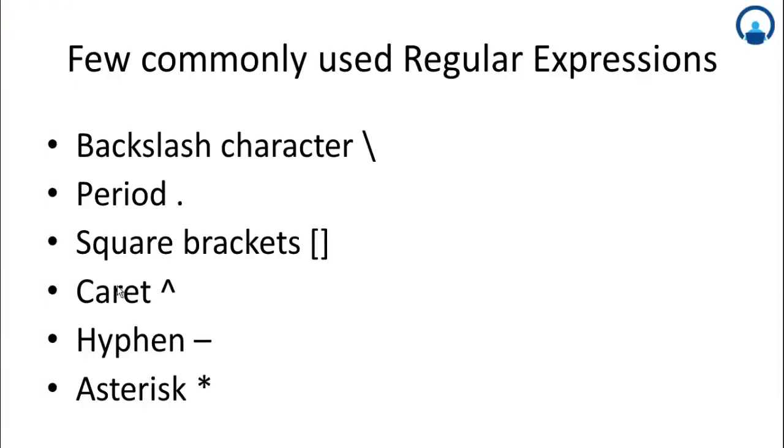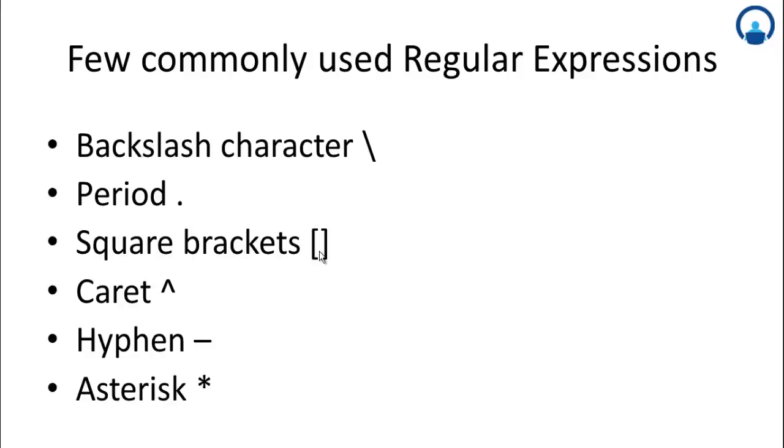The next regular expression is caret. Caret is used in combination with square brackets. It is the opposite of the values which we mentioned in the square brackets. That is, any character that is present in the square brackets, QTP won't be recognizing that.